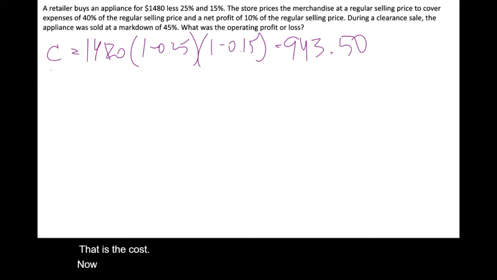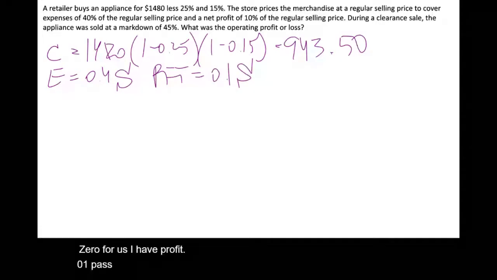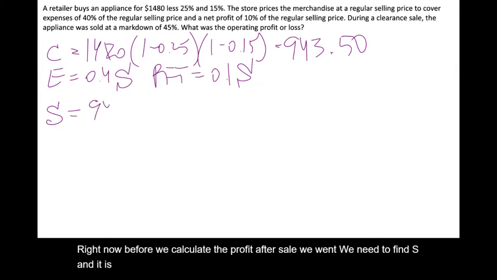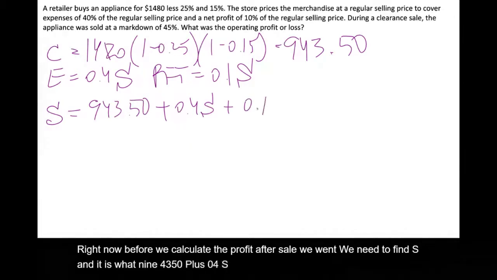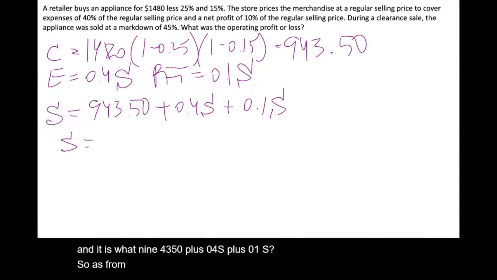Now I have expense 0.4S. I have profit 0.1S. Right now, before we calculate profit after sale event, we need to find S, and it is what? 943.50 plus 0.4S plus 0.1S.